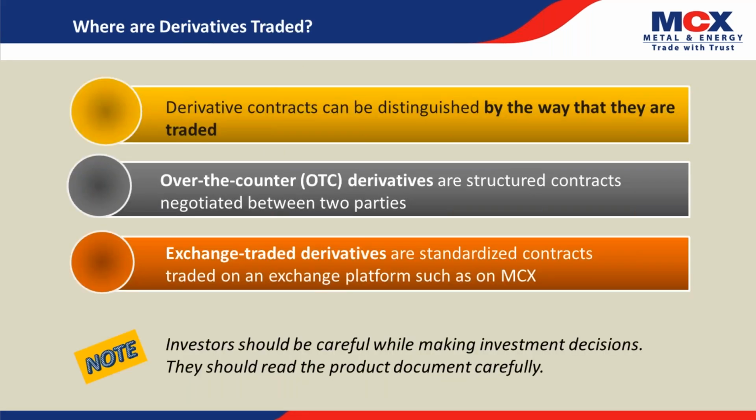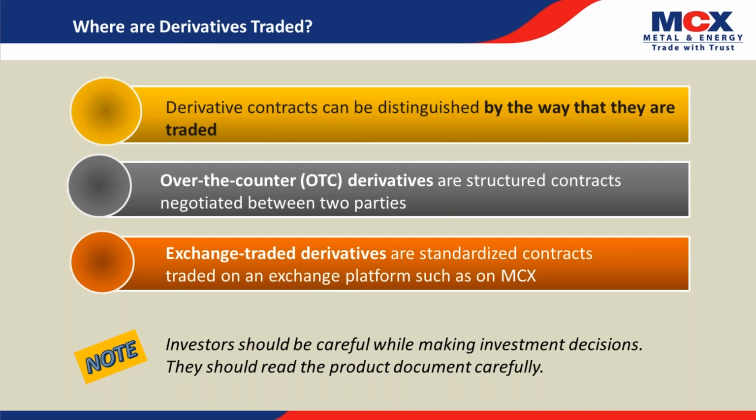So where are derivatives traded? Derivative contracts can be distinguished by the way that they are traded. Over-the-counter derivatives are structured contracts negotiated between two parties. Two parties sit across the table and design a contract which is acceptable to both parties, and then they trade.